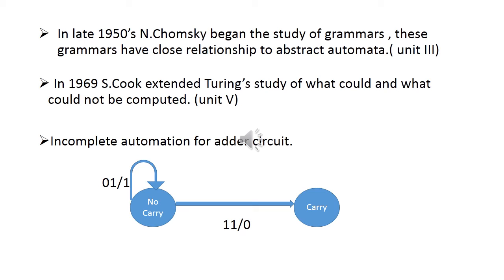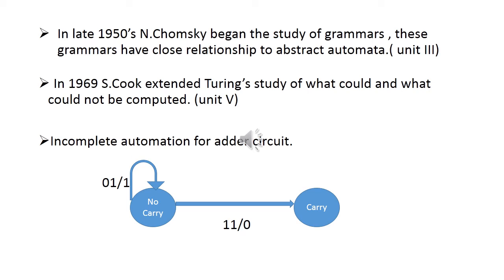Here I have given an incomplete automaton for an adder circuit. You might have studied a binary adder in your digital electronics course, where we have two inputs. We can have an input combination of 0 0, 0 1, 1 0 or 1 1, and you get a sum and a carry.